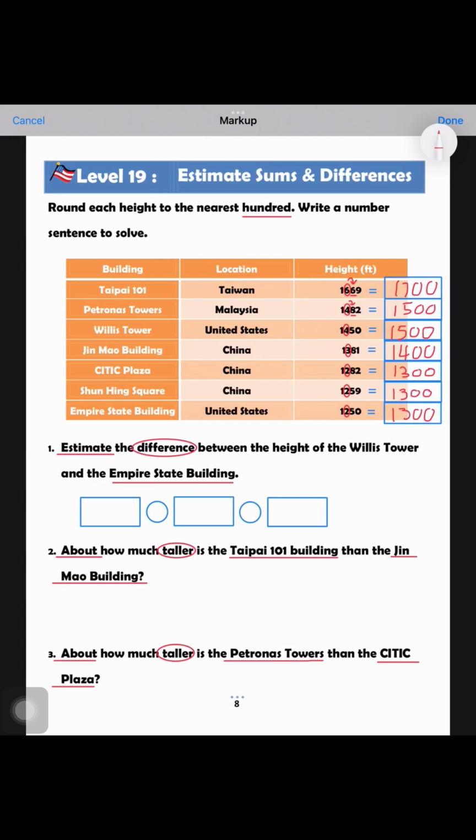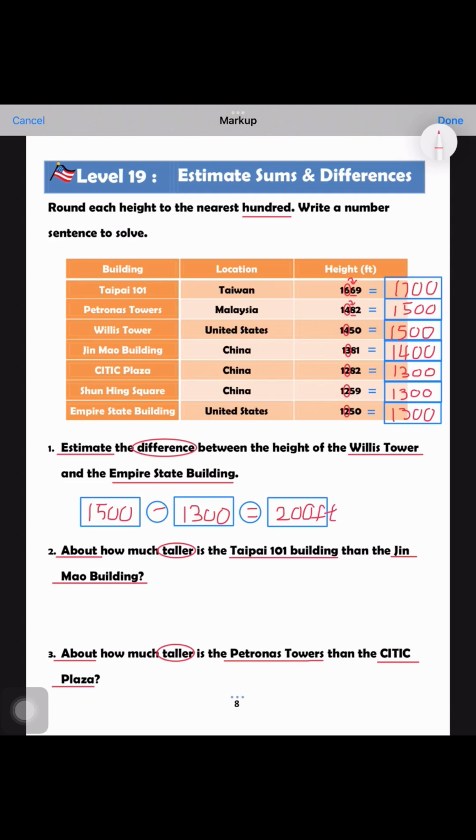And now we need to find the difference between the heights of Willis Tower and the Empire State Building. So we would do subtraction. 1,500 minus 1,300, and it equals 200.